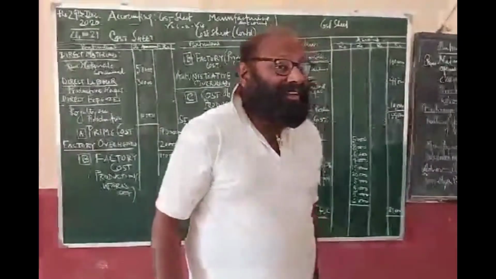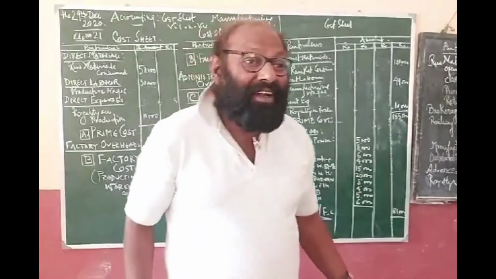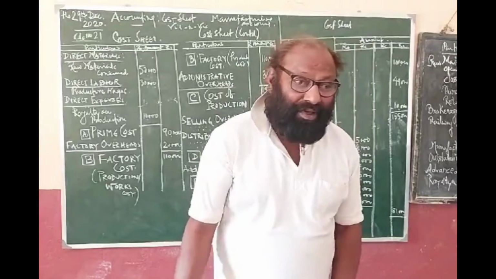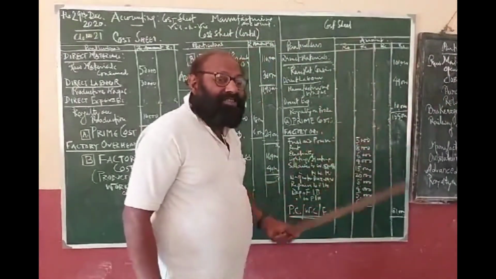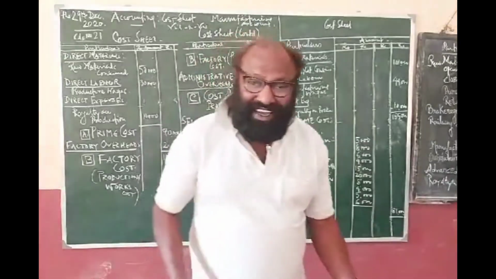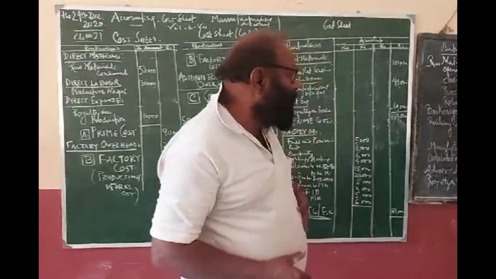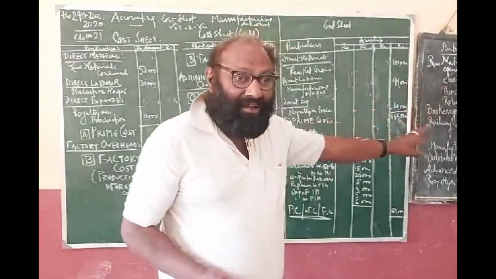So this is the total cost incurred in the factory by the organization during a period, and this part of the cost sheet is considered for preparing the manufacturing account. So tomorrow with this information I will prepare the manufacturing account.